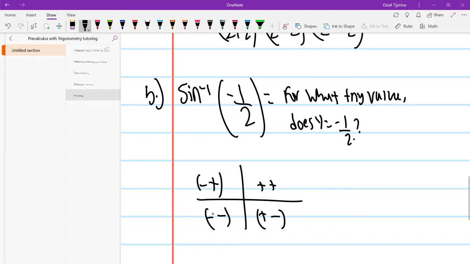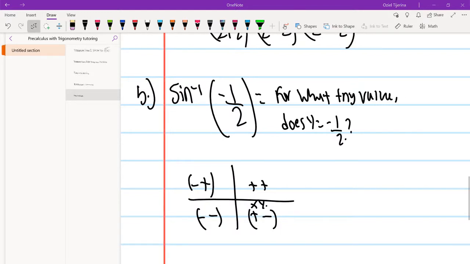This is just to help you understand how to find your y value, because you want it to be negative, so it's going to be located in quadrant 4.